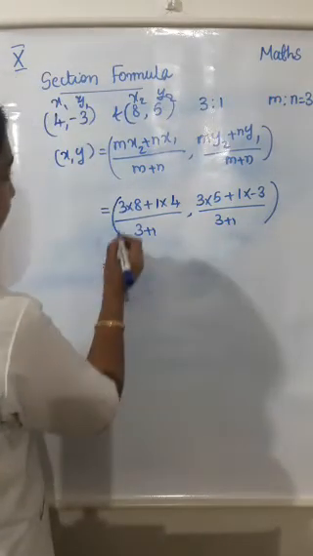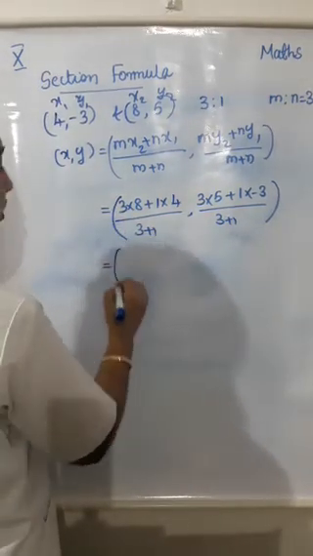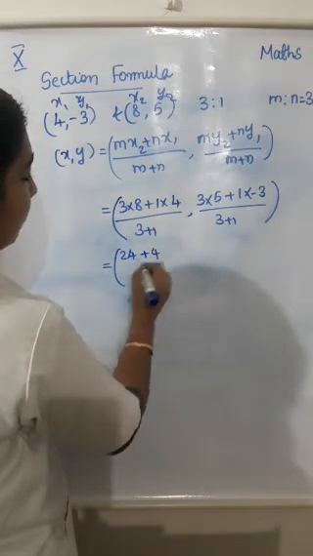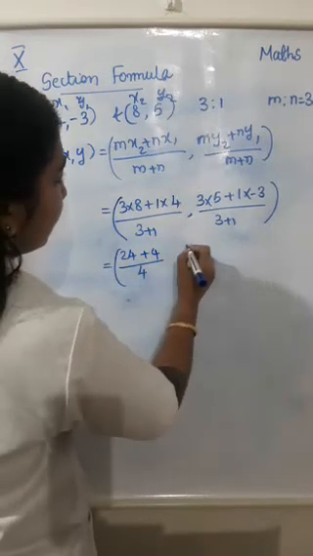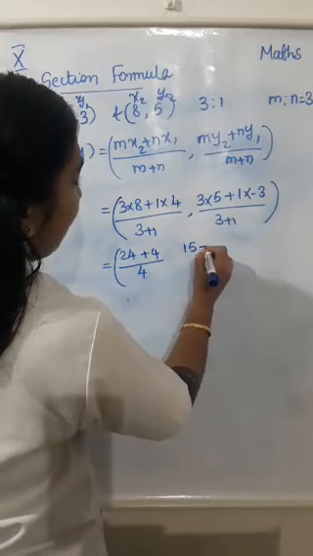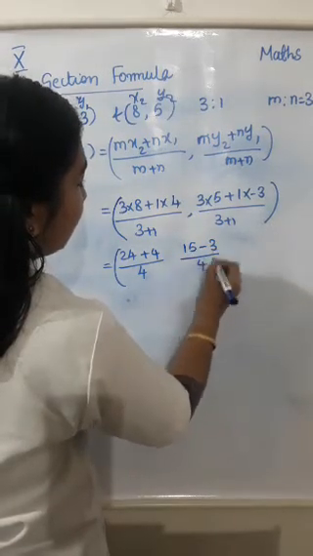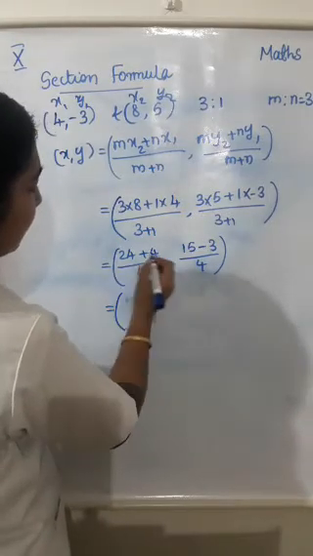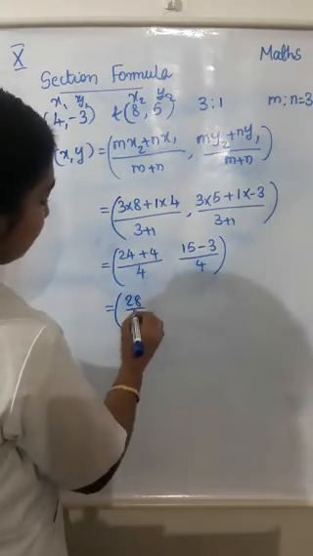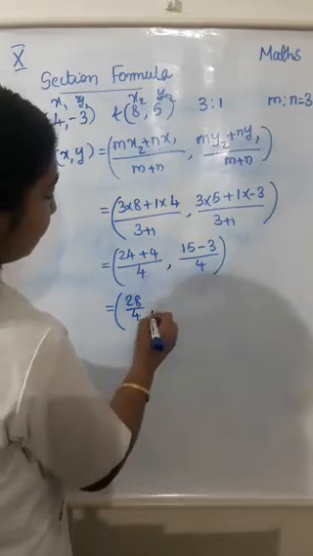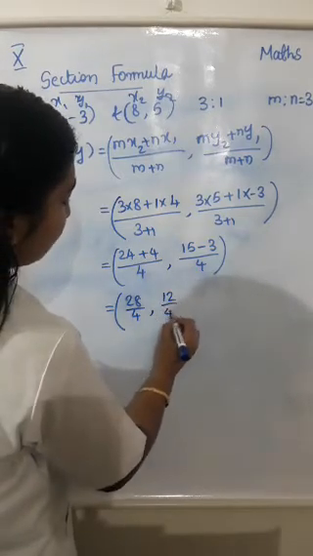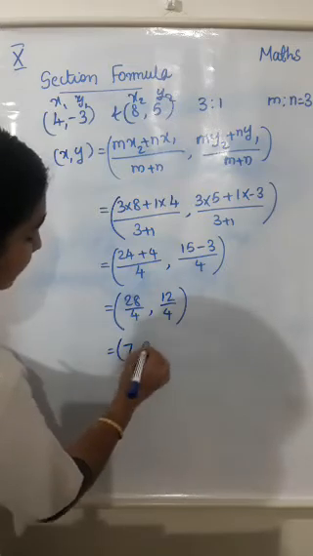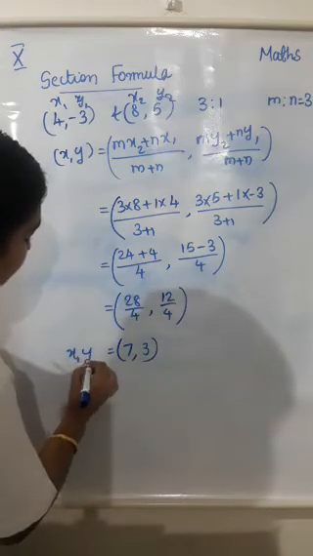That is (24 plus 4) divided by 4, (15 minus 3) divided by 4, which is 28 by 4, 12 by 4, equal to 7, 3. So 7, 3 is the point.